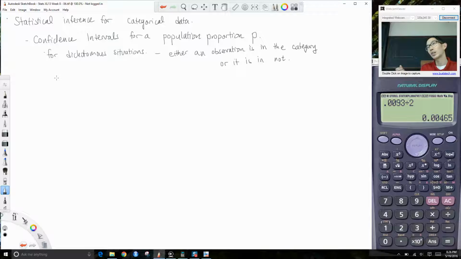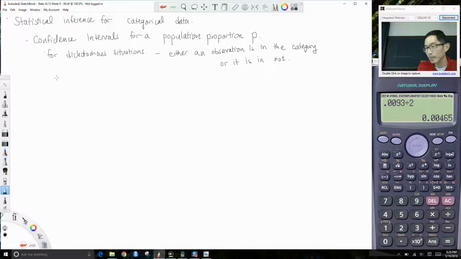Or if we're talking about something else, you pick one category and you say it either is this thing or it's not that thing. Either the person is over the age of 25 or the person is not over the age of 25, something like that. You just split the population into those that are and those that are not.